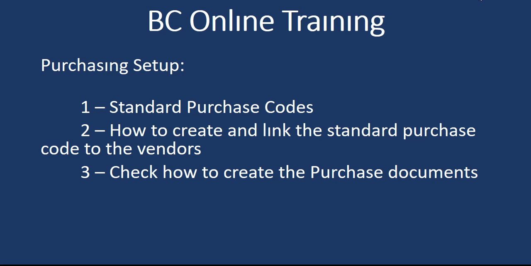So I can create this standard purchase code and then link this to the vendor in order to facilitate the process. So, for example, every time that you create a document, the system can create automatically with this expense, and how you set up this in Business Central.